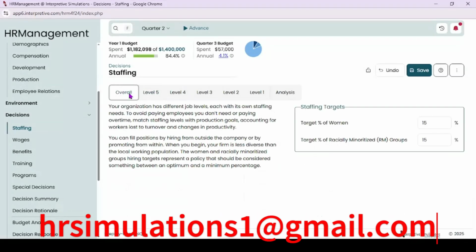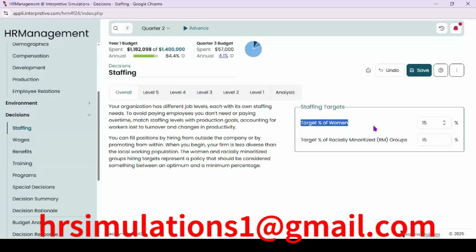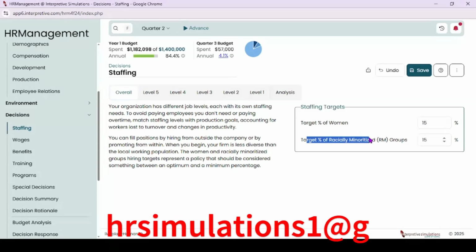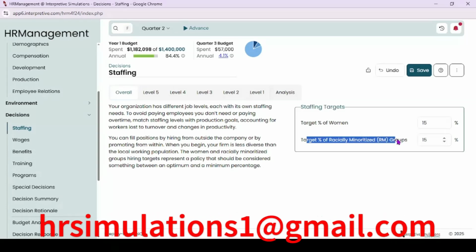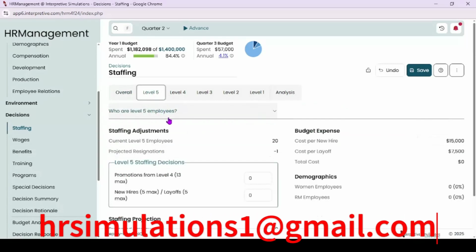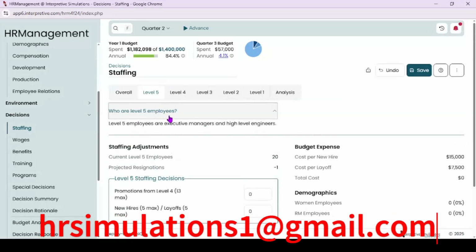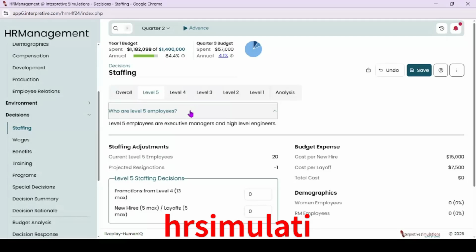So overall, this is what we have. The target staffing percentage of women is 15%, and the target percentage of racially minorized groups is 15%, so I shall just maintain it that way. Level 5 employees: remember that you need to know who they are. They are our executive managers and high level engineers.